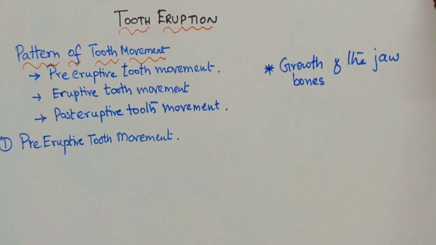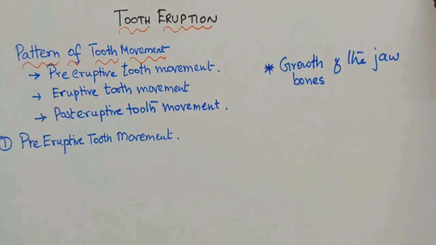Okay, so first the eruption takes place for the deciduous dentition. Later, it is succeeded by the permanent dentition. It's a very basic one. First dentition is the deciduous dentition, followed by its successor, the permanent dentition. When you see deciduous tooth germ differentiation, there will be good space available in the mandible.